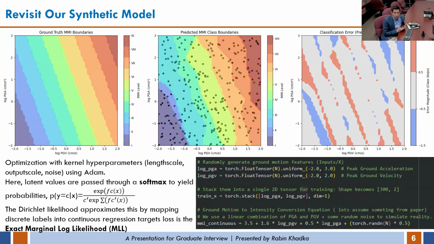There has been work done in the past, including the model that Rabin has at the bottom of the code, where it says MMI continuous equals 3.5 plus 1.6 log PGA, and so on.